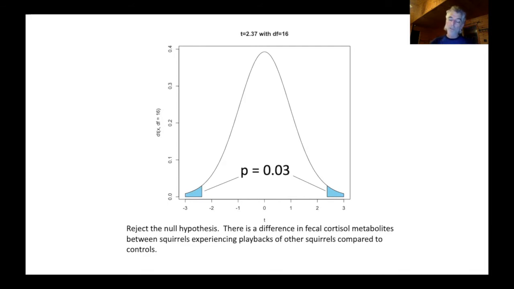And what those overall populations represent is all of the squirrels that are exposed or could have been exposed to our experimental treatment. And so it's important to remember that in statistics, our conclusions are about the populations, even though our statistical calculations come from the samples.